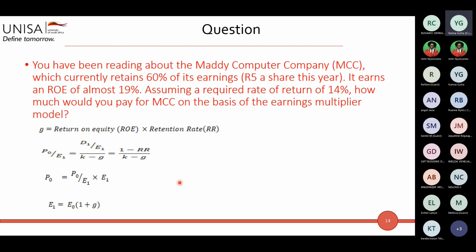Over K minus G, right? So that gives us our PE ratio. From our PE ratio, how do we calculate our price? We say PE ratio times our earnings in year 1. Our earnings we multiply by the growth rate, and you will get your price in year 0. So if you can attempt that question for us and put your answer in the chat.